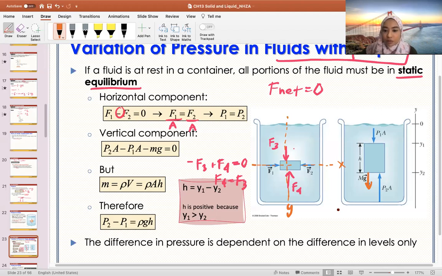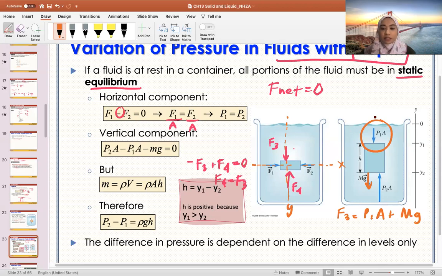So here I can see that F3 is equal to P1A. The force that is going down is P1A plus mg, the weight of the object. That is the net force going down. F3 is the net force going down. What is going down here? The weight of the object and also the weight of the water acting on the box.